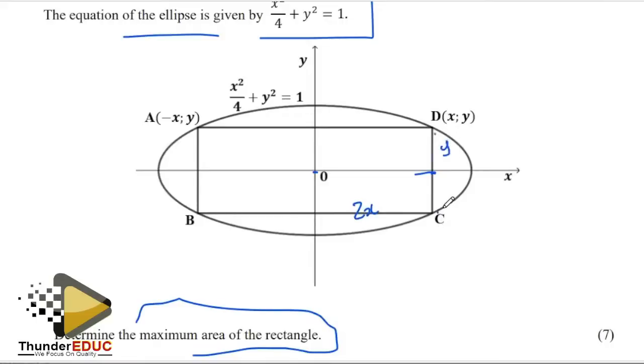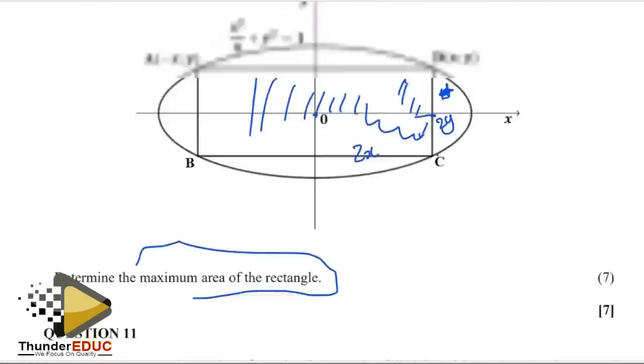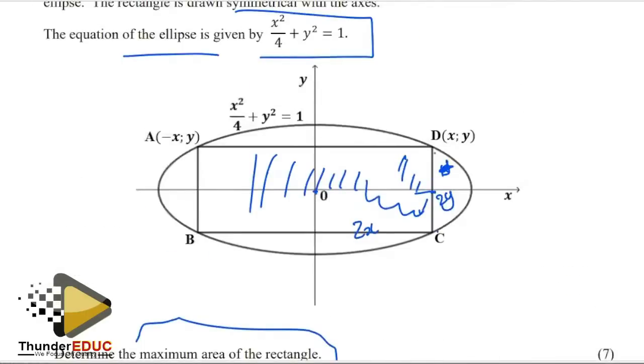And then this must also be a negative y. So which means the breadth is going to be that much. So for you to get the area of the rectangle, what we need to do, you can just substitute x and y, because we need just one variable, y to be on one side and the x to be on the other. Substitute, since these points are intersecting, make y the subject and so on. Okay, so that is how the calculus would be like.